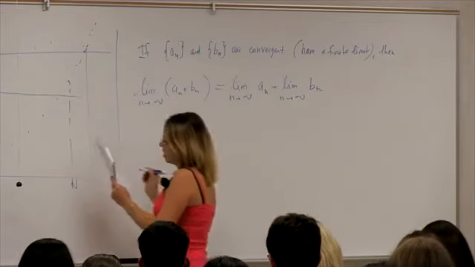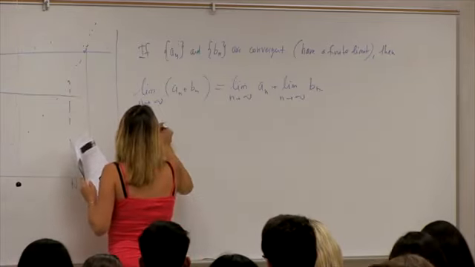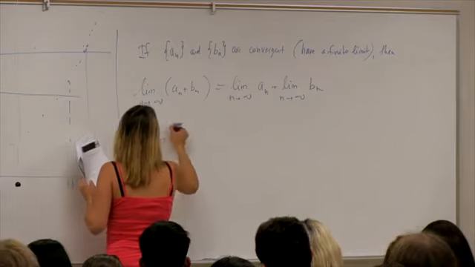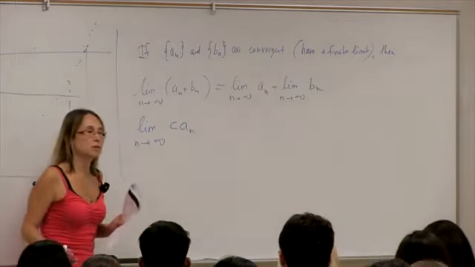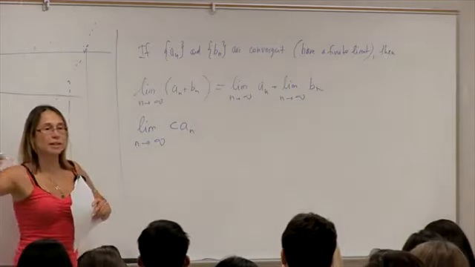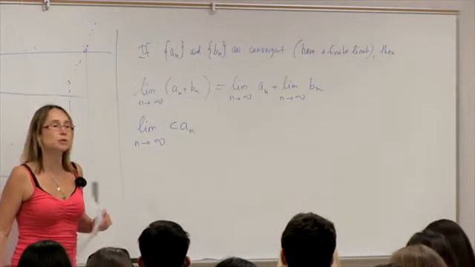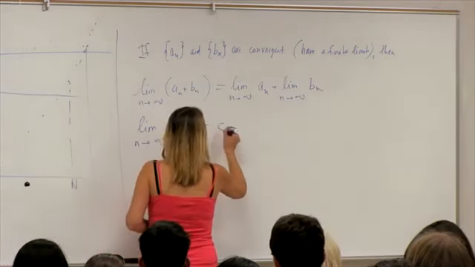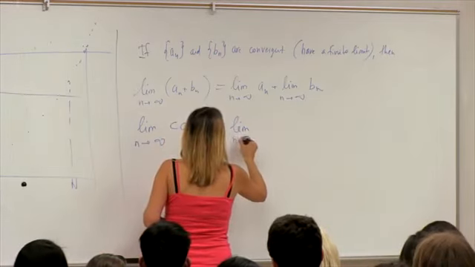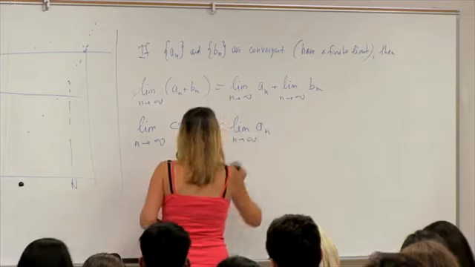We can talk about the limit of a number times a sequence. So take a sequence that has a limit. Multiply each term of that sequence by 5. What's going to be the limit of the new sequence? It's the old limit times c. So it's c times the limit of a_n.